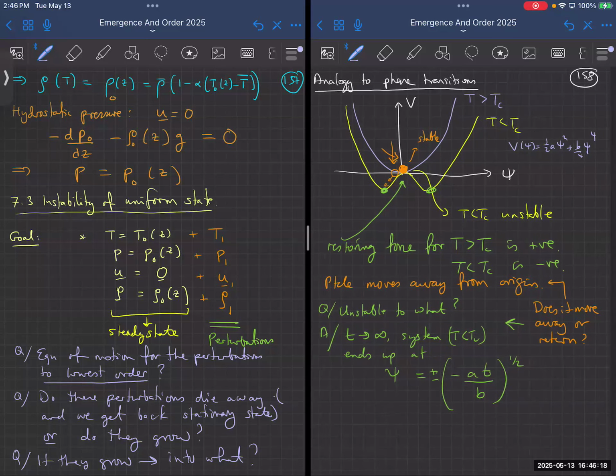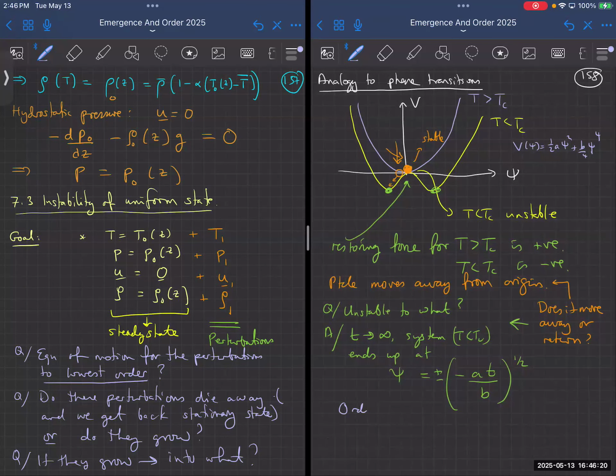What I want you to notice about this formula, and this is an important point, is that the order parameter is restabilized at a value that depends on b. And what is b?